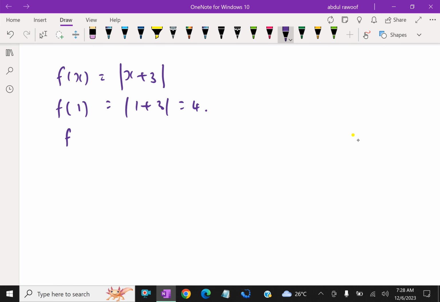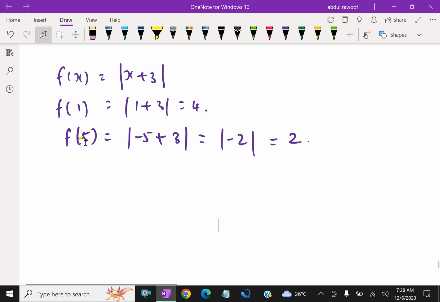If you give the value f of minus 5, x is minus 5 plus 3, which gives minus 2. But the final value, the absolute value of minus 2, is 2. Even if you give x as negative, that function gives the final value as positive.